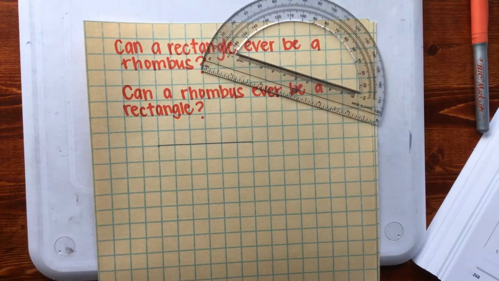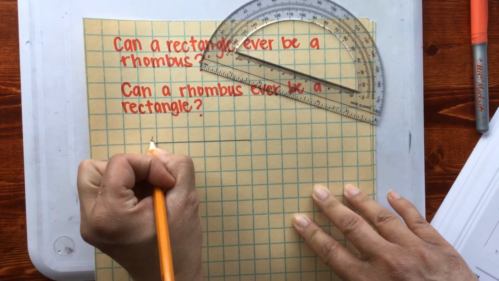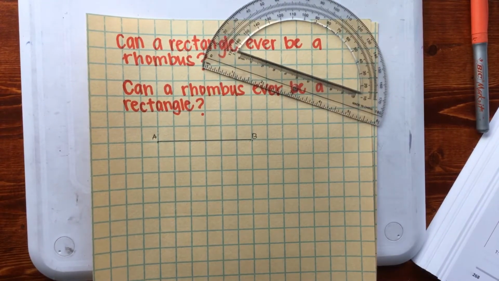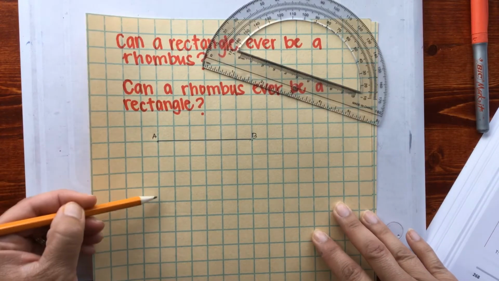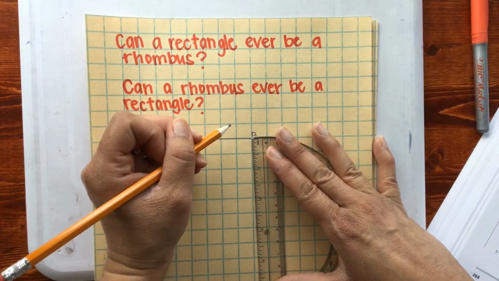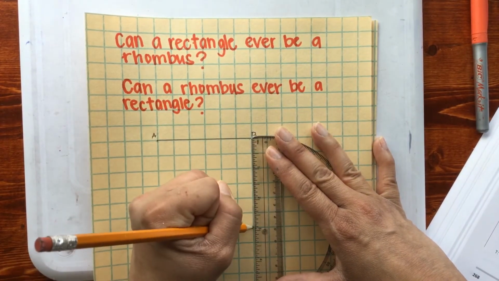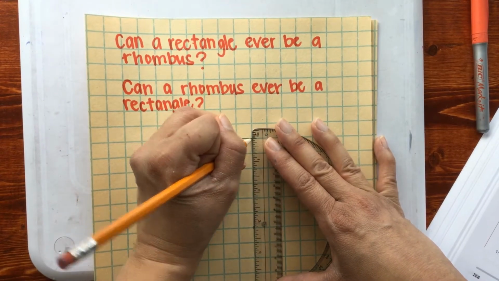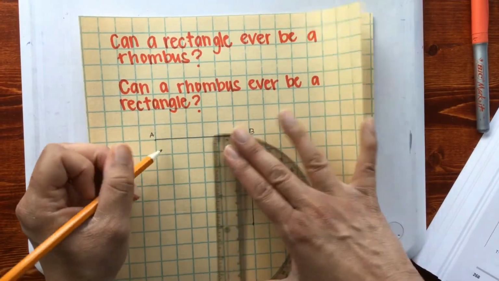Okay, so I'm going to start there, and I'm going to label this A and B. And now I'm going to draw 3-inch segments, one coming off of point A and one coming off of point B. There we go.